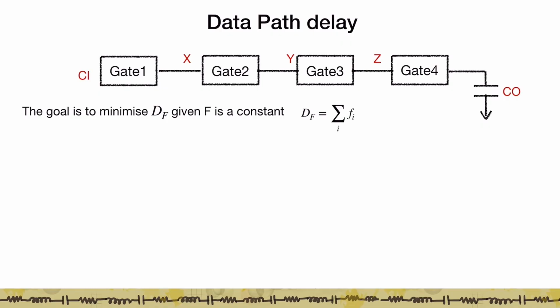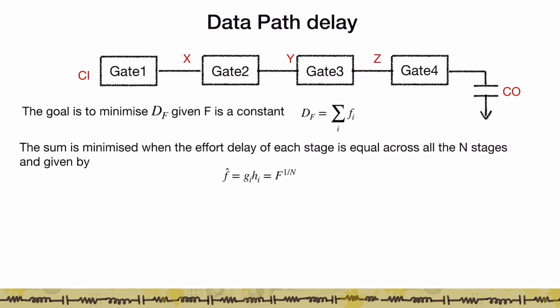So how do you go about doing this? When we want to minimize a sum given its product is constant, it's a very well-known optimization problem. The sum is minimized when the effort delays of every stage are equal to each other. Therefore I can write the optimal effort delay of a stage as the 1 by nth root of F, where n is the number of stages available in the path.